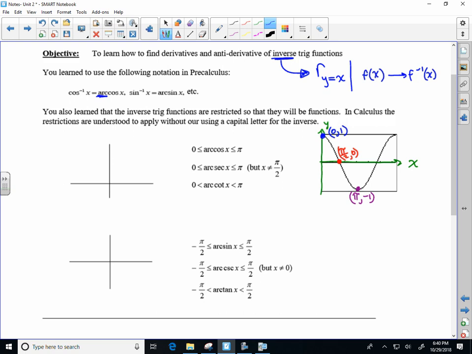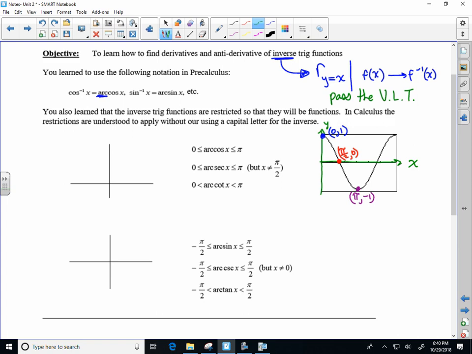All right, so you can make a note of that. I mean, not everything has to be in math symbolic notation. The inverse has to pass the vertical line test, the VLT. All right.